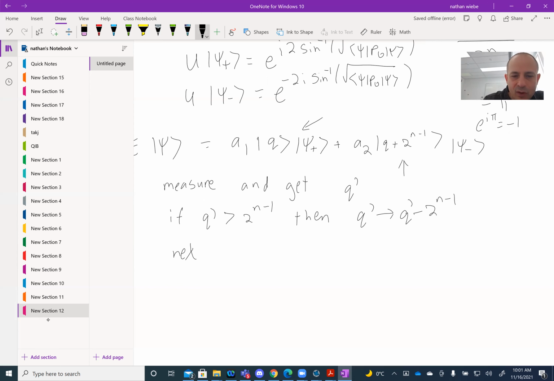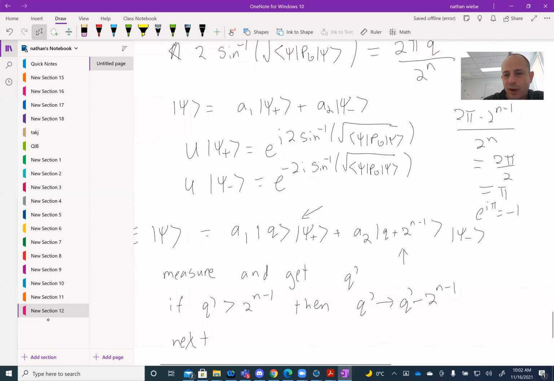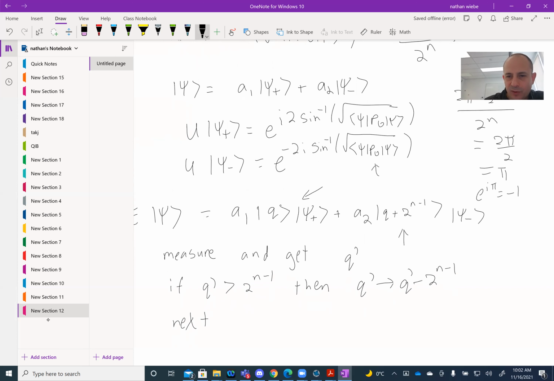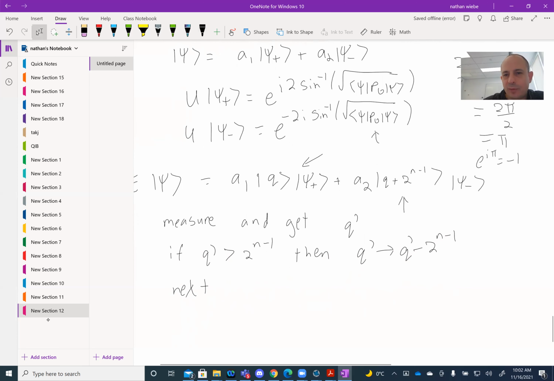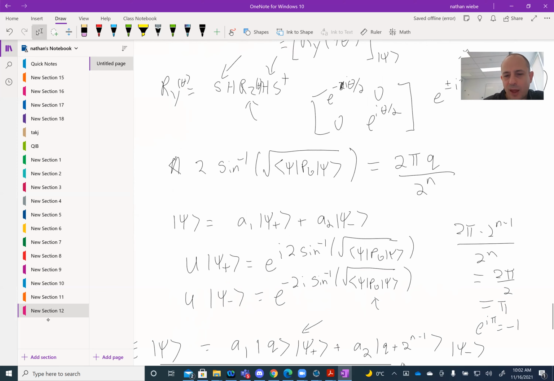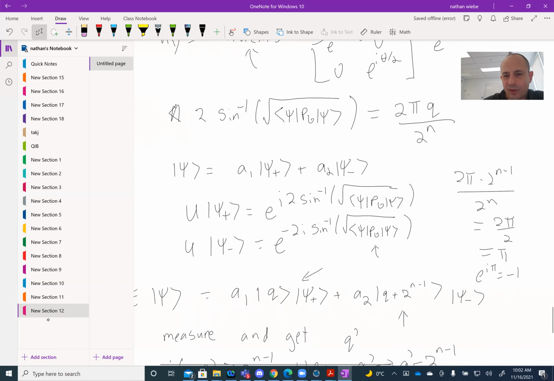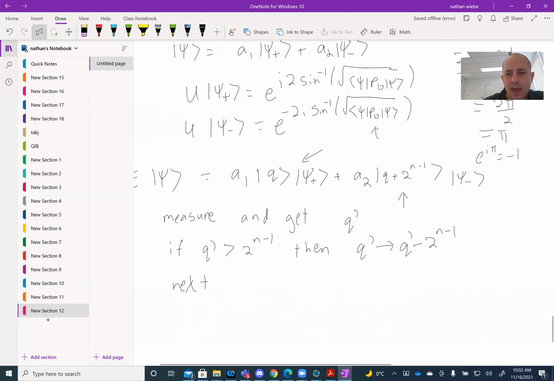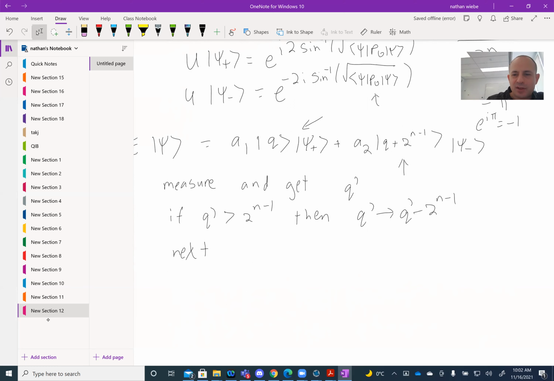Next, we want to work back in order to figure out what this is from the results of phase estimation. We need to divide our result by 2. So first, let theta hat equal 2 pi q prime divided by 2 to the n.